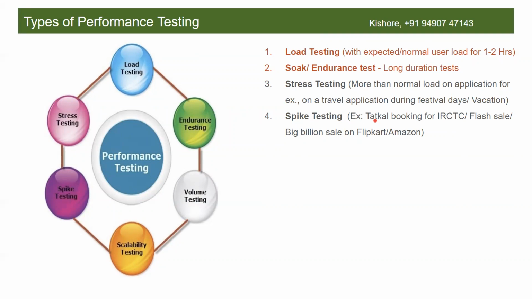So to test such kinds of applications, we do spike testing. The best examples are Tatkal booking for IRCTC or flash sales on e-commerce sites, like the Big Billion sale on Flipkart or Amazon. When you are testing these kinds of applications, in addition to load testing and endurance testing, we have to do spike testing as well.